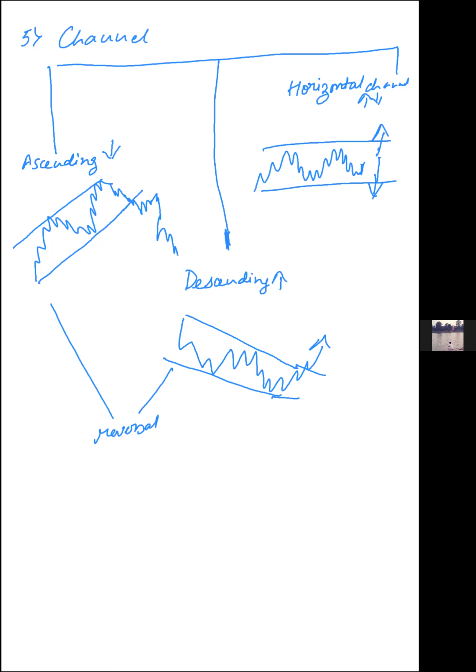Okay then. Our next pattern is number 6: double or triple top and bottom. This is a reversal pattern.